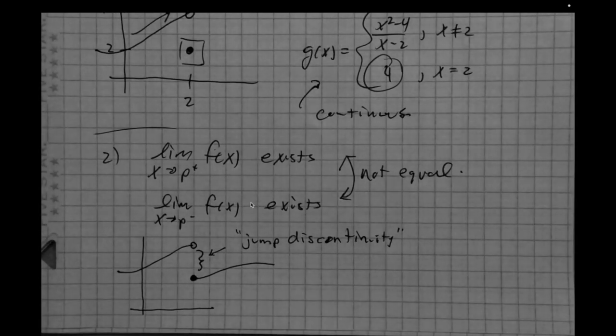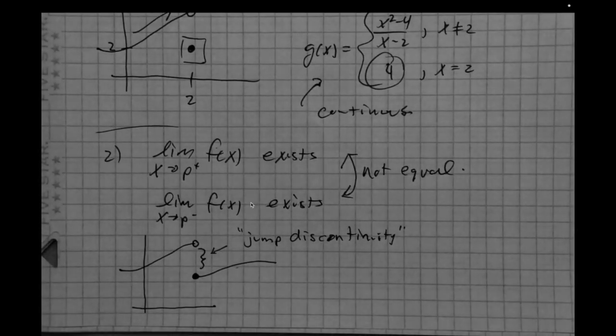The track of the function is not just missing one point. All of these points here would have to be readjusted in order to bring the function together. So this is what's called a jump discontinuity. It's also sometimes called a non-removable discontinuity.